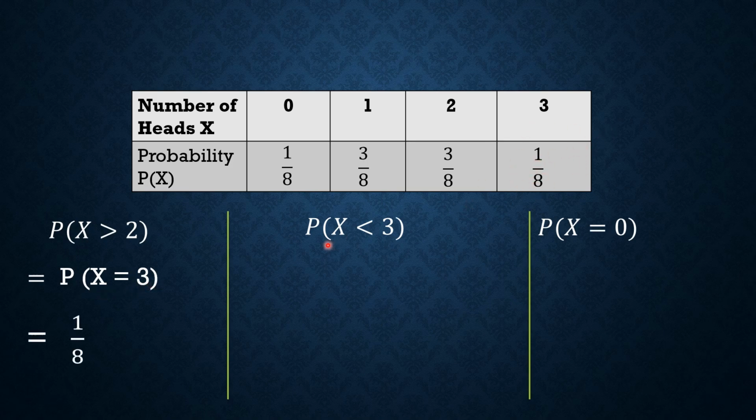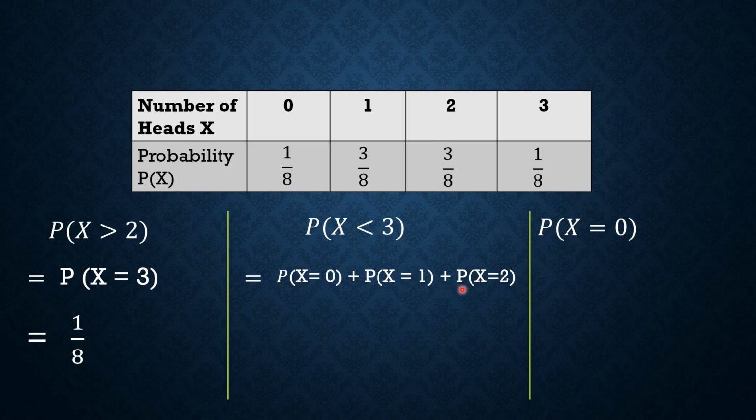Now, if we find the probability of the random variable x that is going to be less than 3, tignan natin itong 3, and then we see that this is equal to the probability of the random variable that x is equal to 0 plus the probability that x is equal to 1 and the probability that x is equal to 2.